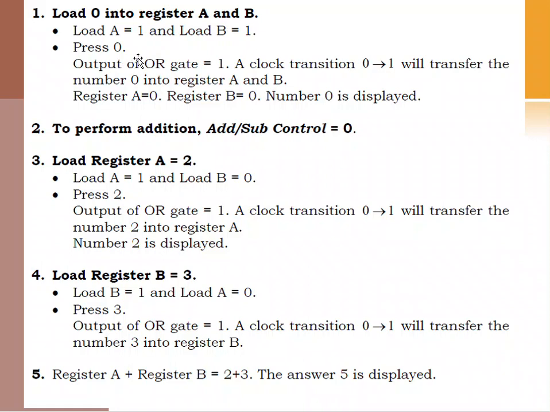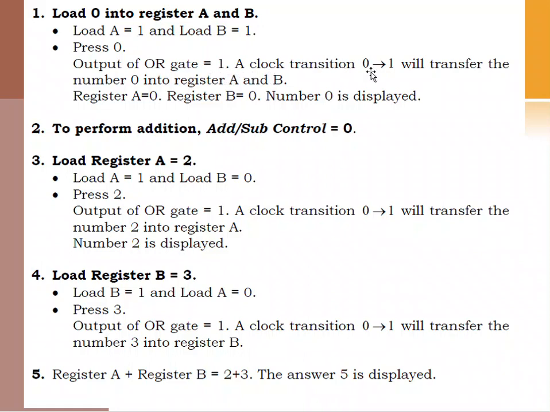So, bila kita nak masukkan satu-satu nombor ke dalam register A, kita nak tambah 2 nombor. So, we have to load A equal to 1, load B equal to 1. Okay, maksudnya kita nak activate register untuk A dan B. So, when I press 0, output of OR gate equal to 1.